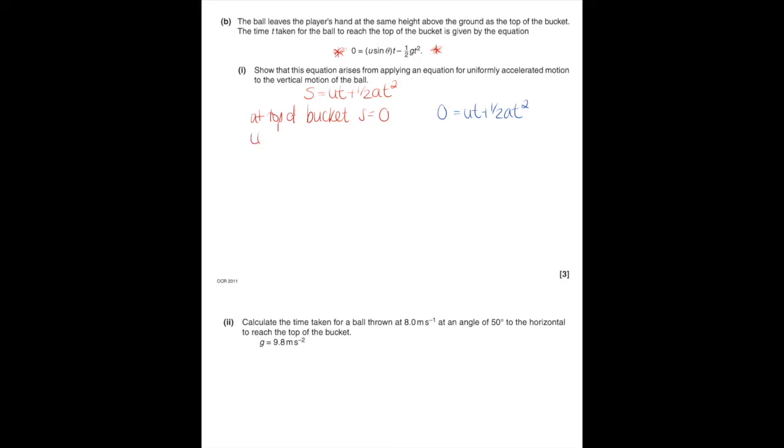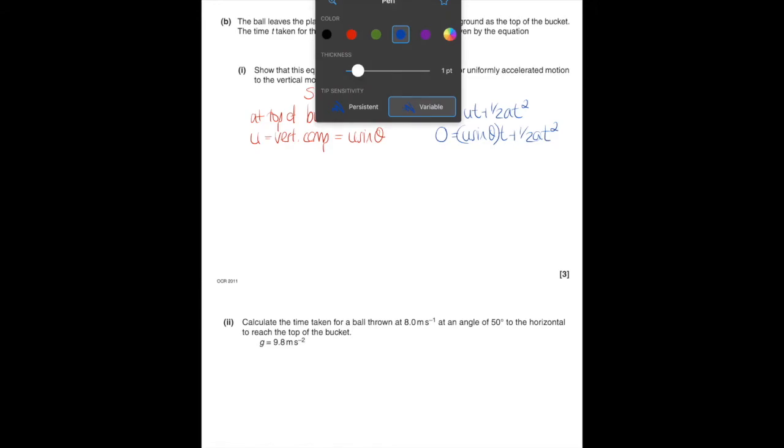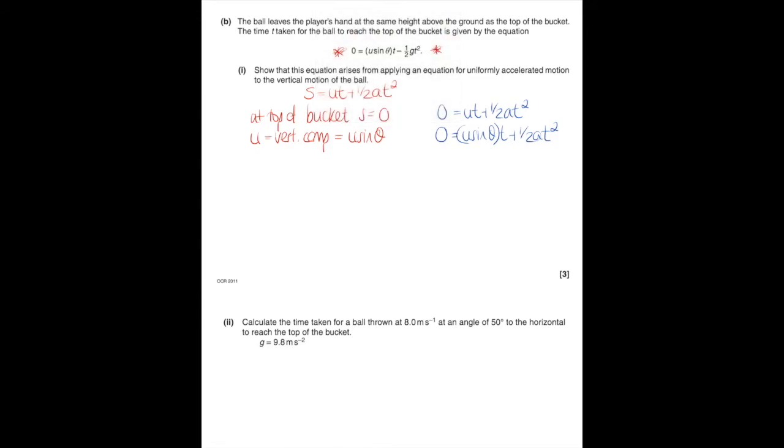We also know that actually U is the vertical component, and we've previously said that that is U sine theta. So when we put that in, we've got this is U sine theta t plus half a t squared. We are nearly there.